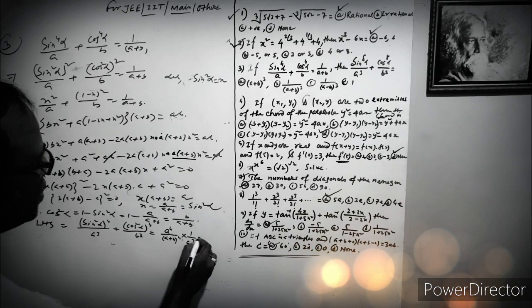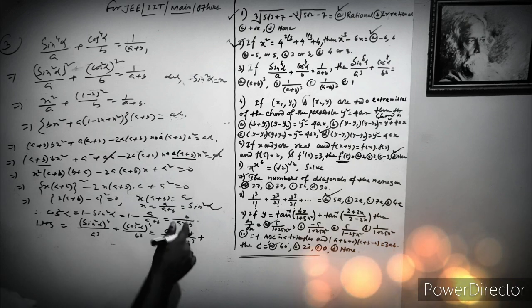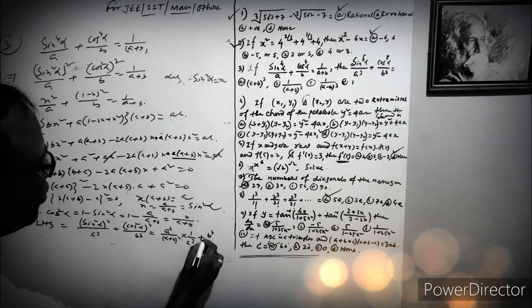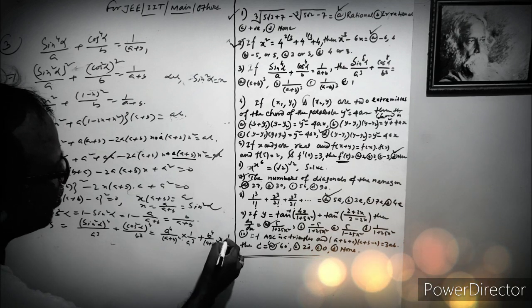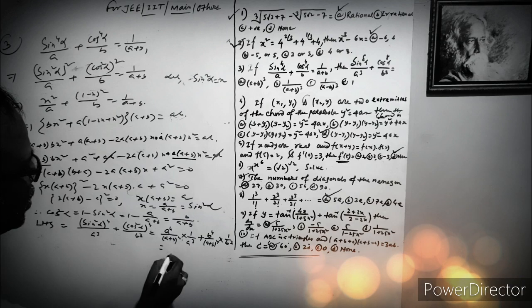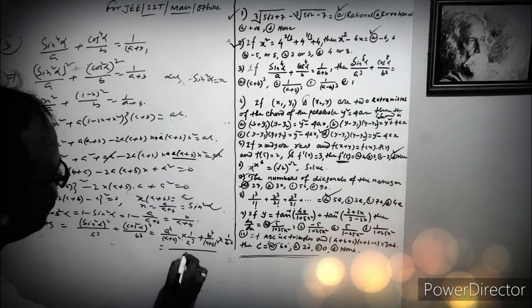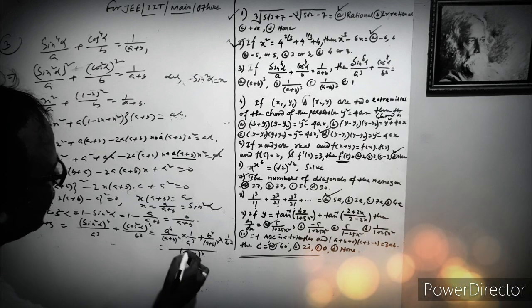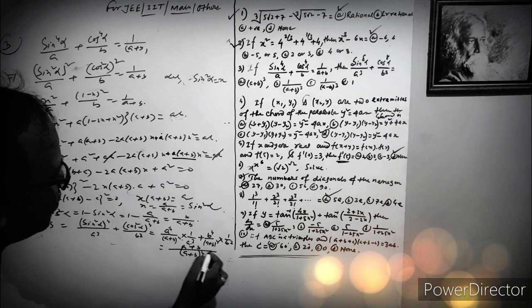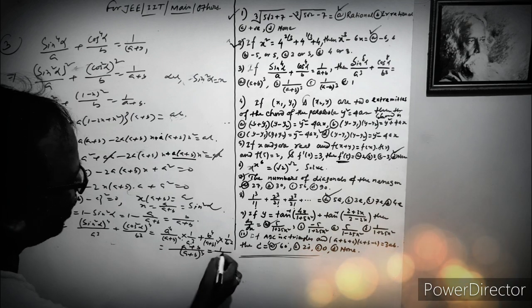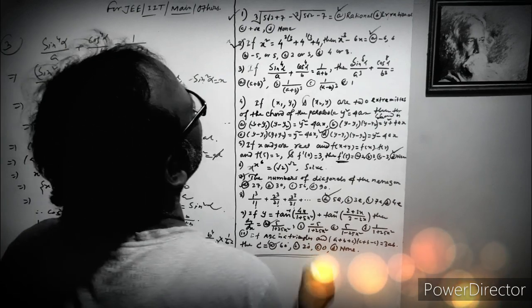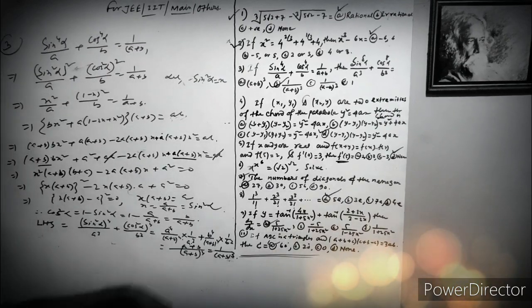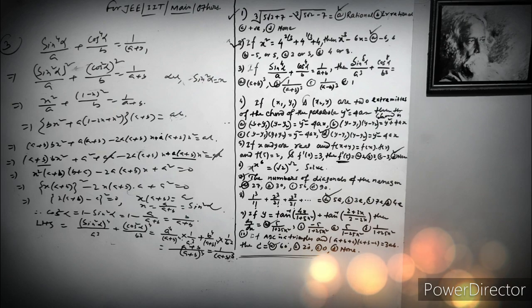Same as cos square alpha, this is B to the power 4 by A plus B whole to the power 4 into 1 by B cube. So see, that is the LCM of A plus B whole to the power 4. These are cancelled, A and this is B. So we get here A plus B whole to the power 3. So option here is 1 by A plus B whole to the power 3. Okay.